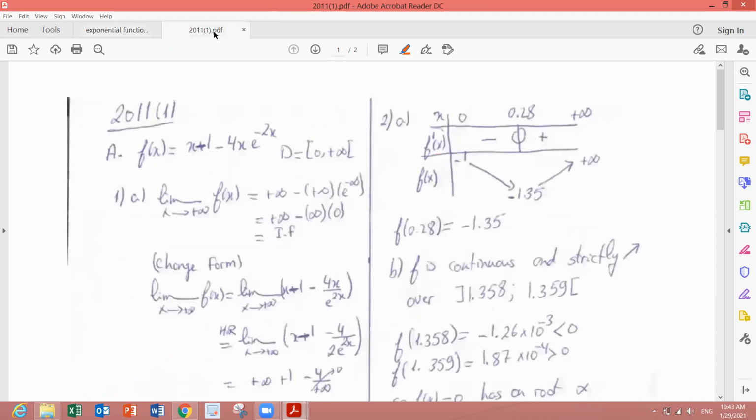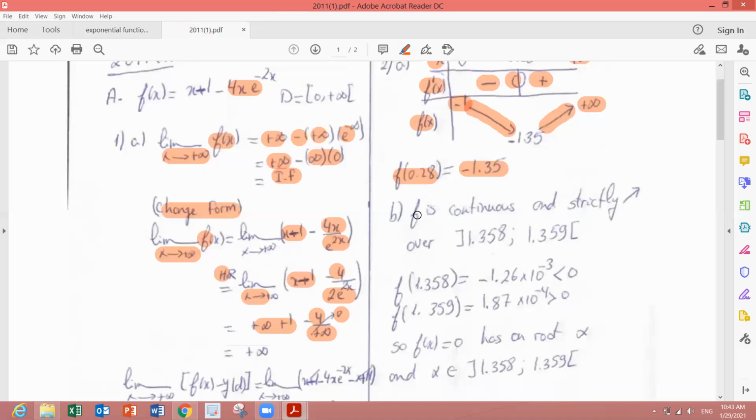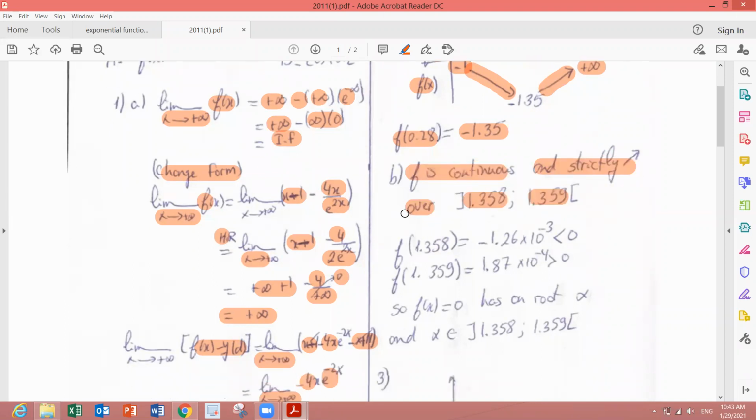So f is continuous and strictly increasing over [1.358, 1.359]. f of 1.358 equals minus 1.26 times 10 to the power minus 3.